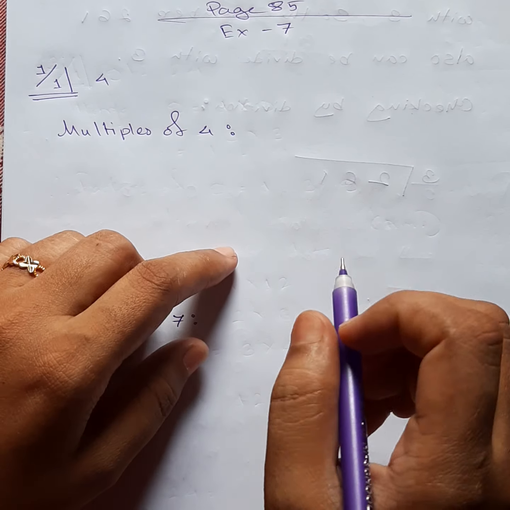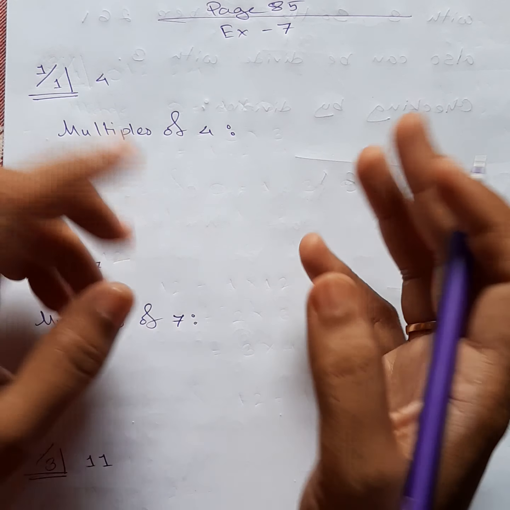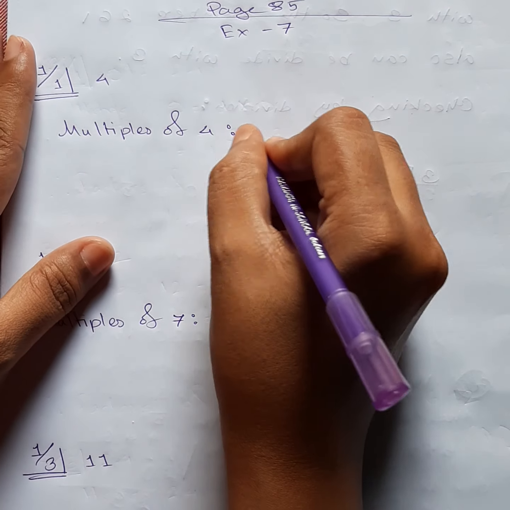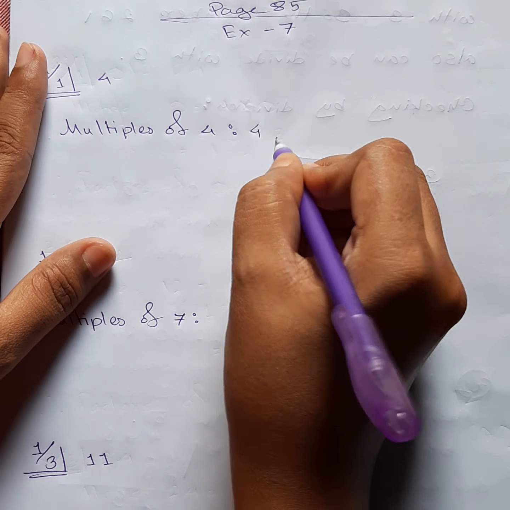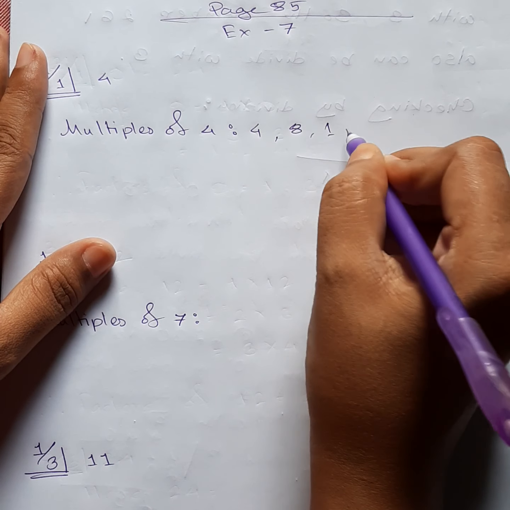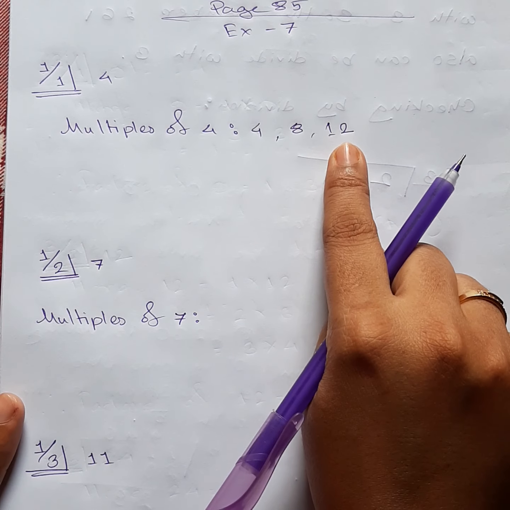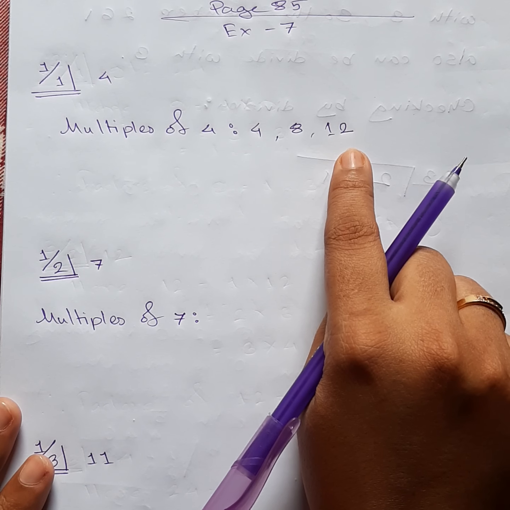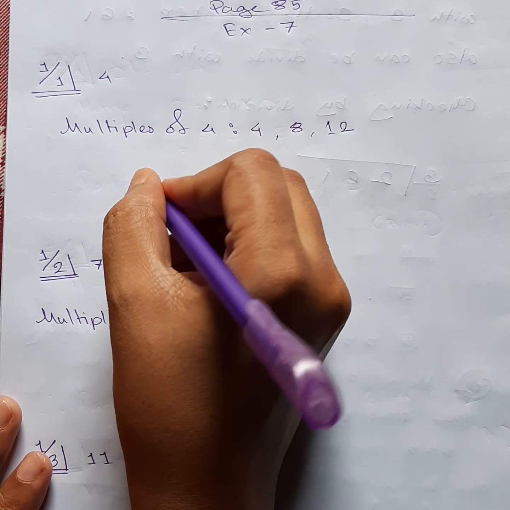It's totally fine. For a nicer look, we are going to start from 1. So 4 ones are 4, comma, 4 twos are 8, comma, and 4 threes are 12. We are not going to write down more. Okay, we are going to stop here because this is our answer. This is the 3 multiples and this is your answer.